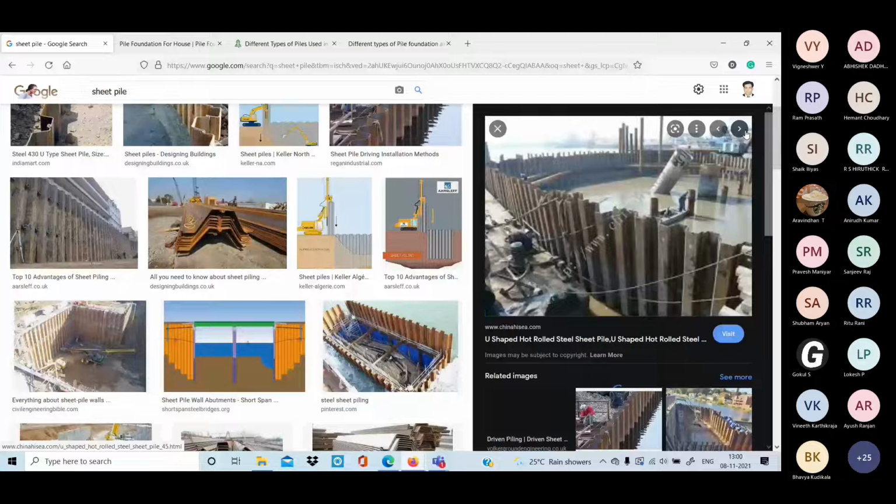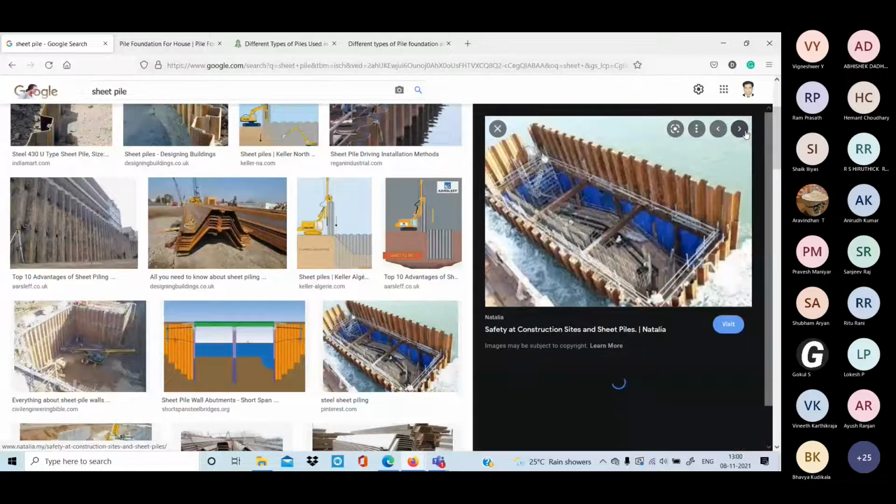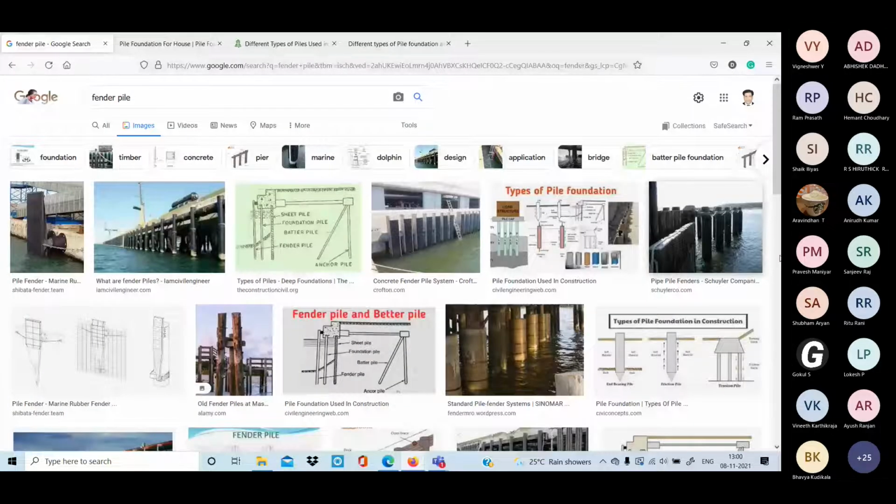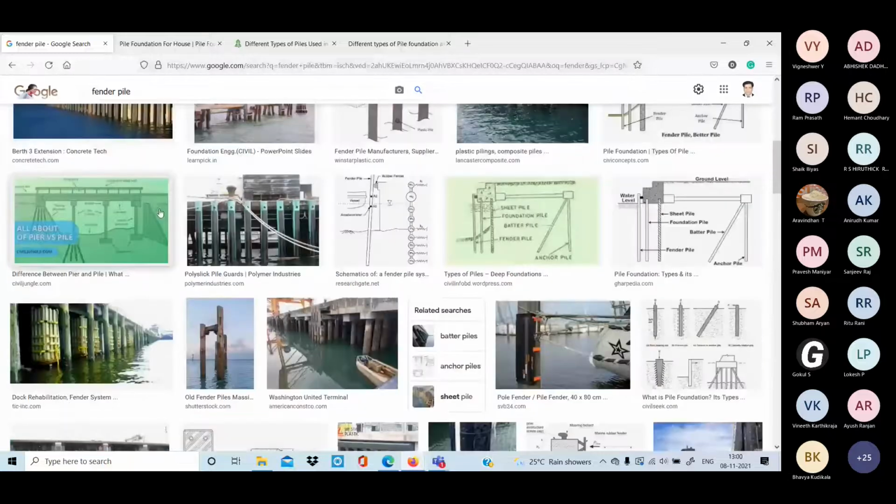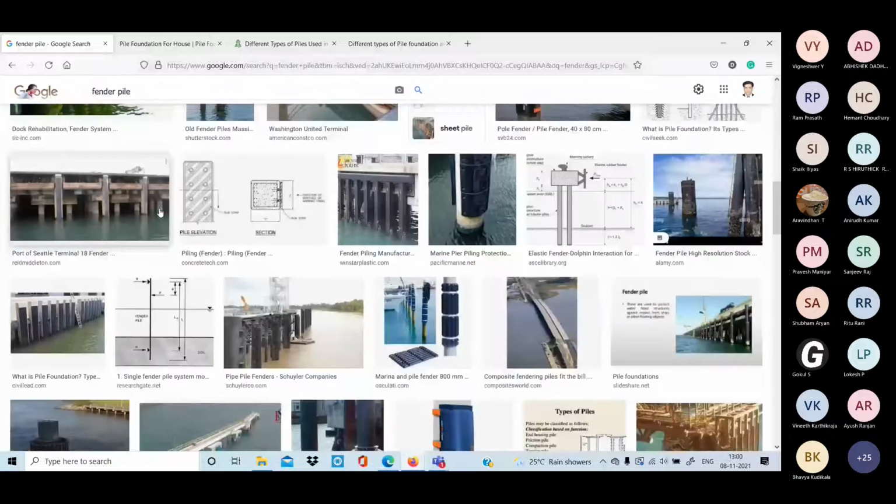So in offshore structures, this photo may be good for you. I will show you exactly how it looks. In offshore structures, these are all the fender piles.